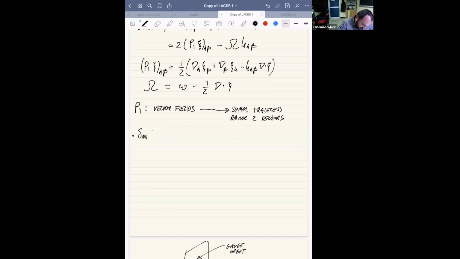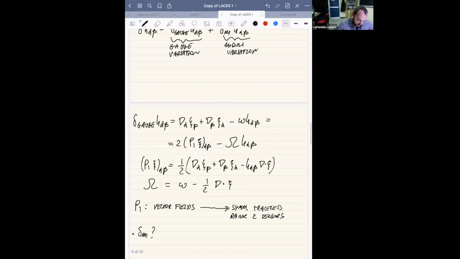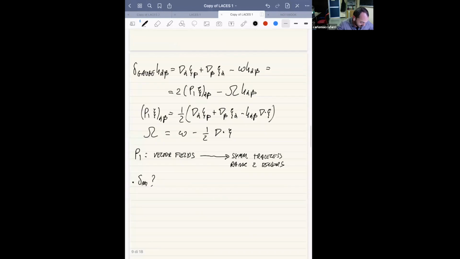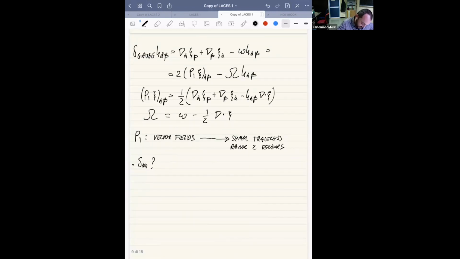So what, on the other hand, is delta M, the moduli variation? I'm going to define it as a variation which is orthogonal to delta gauge.